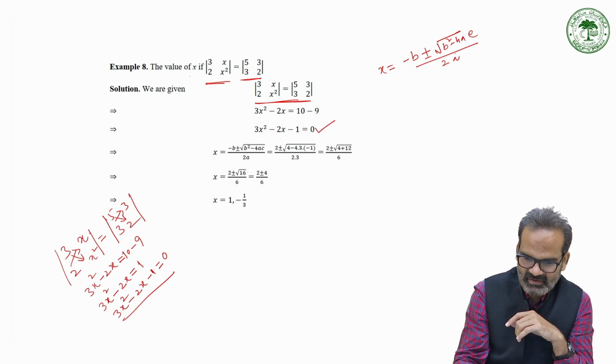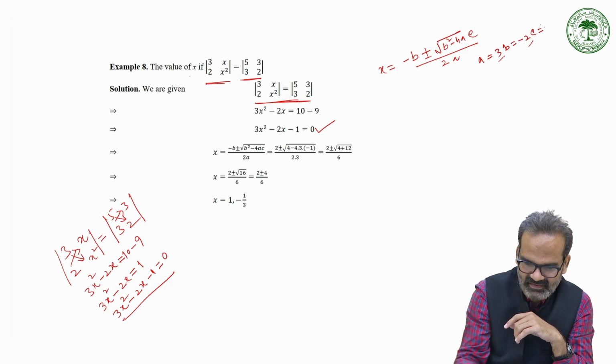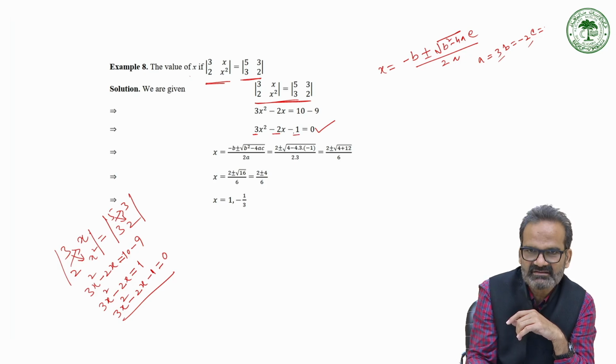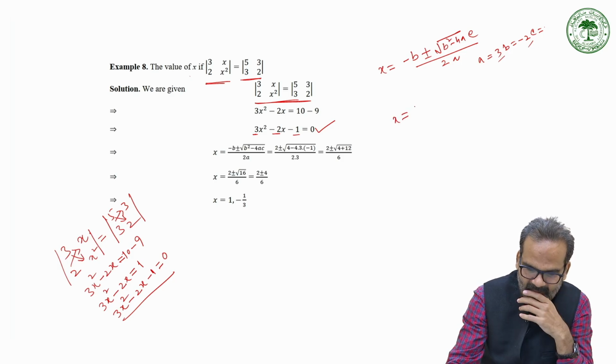Now, what are the values of x? Here a is equal to 3, b is equal to minus 2 and c is equal to minus 1. A is the coefficient of x square, b is the coefficient of x, c is the constant term. So, substitute these values, what you will get?